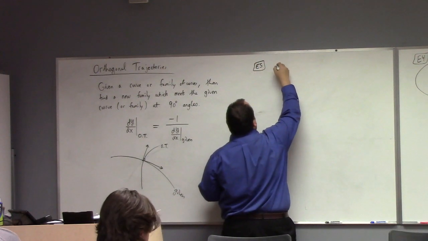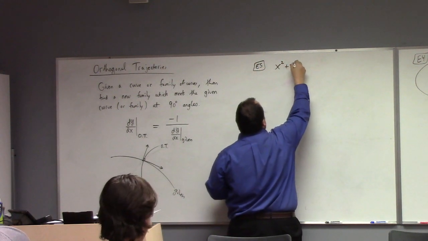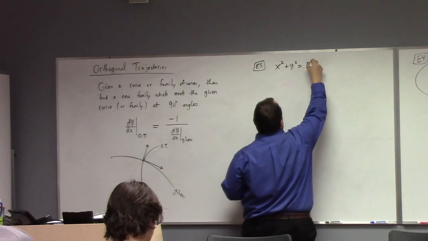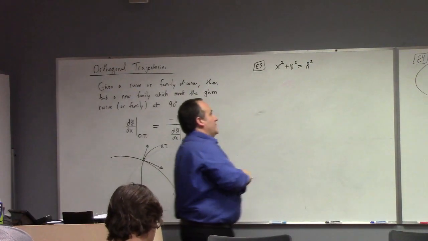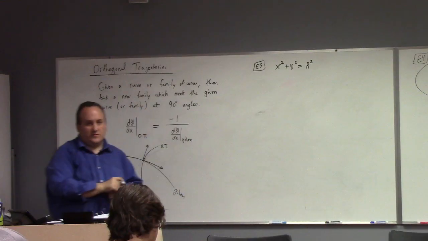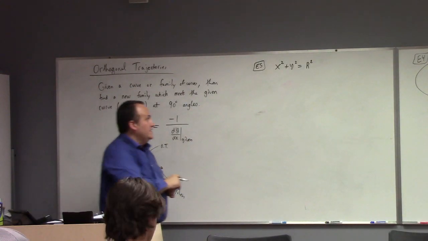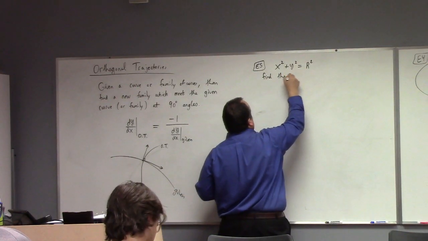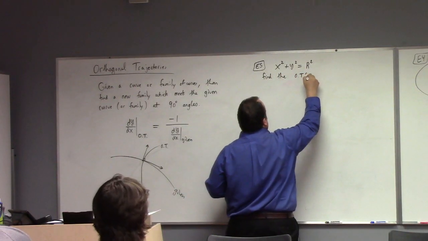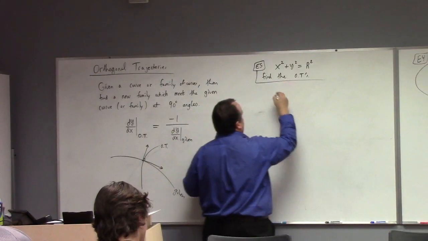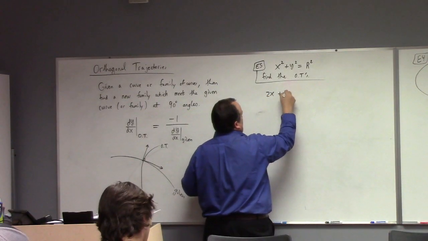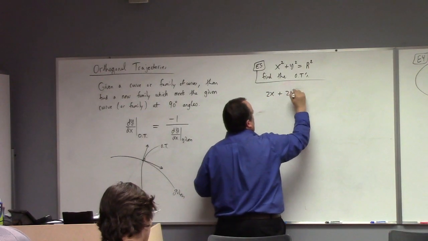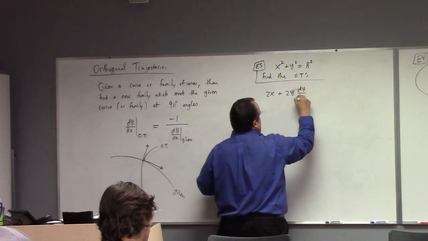Suppose we're looking at x squared plus y squared equals r squared, right? This is a particular curve, the circle of radius r centered at the origin. Let's find the orthogonal trajectories to this. All right, so here we go. 2x plus 2y dy dx equals 0.